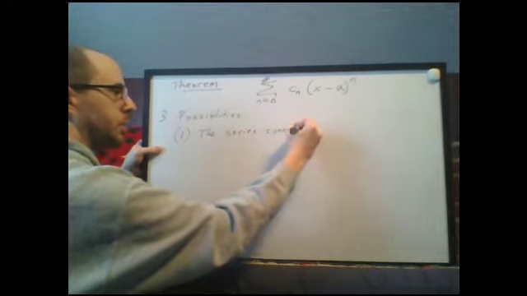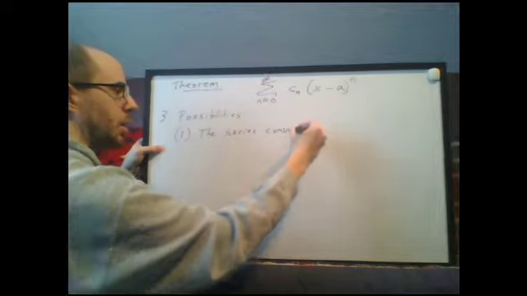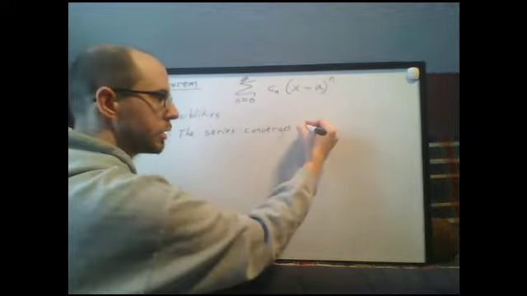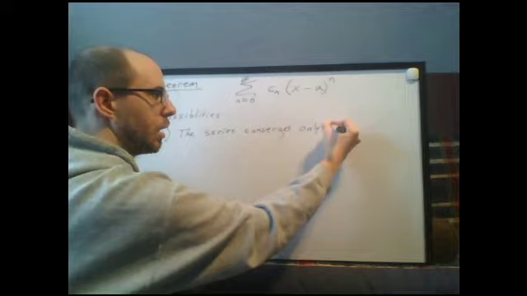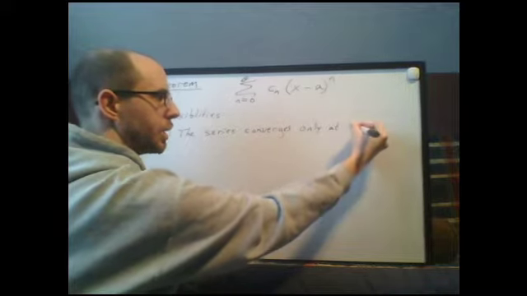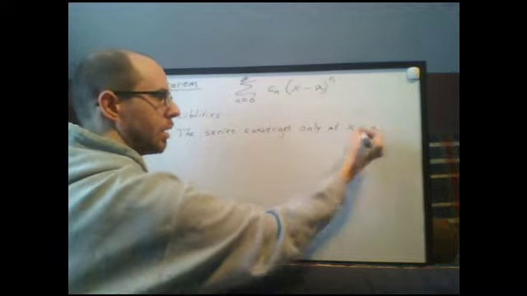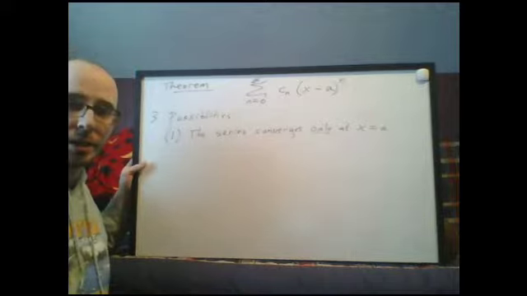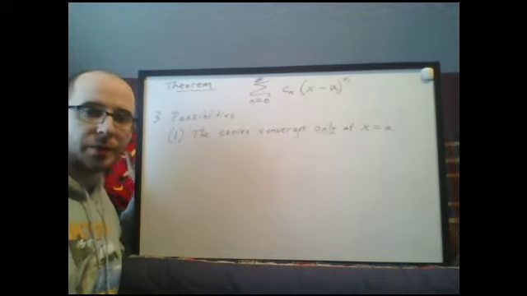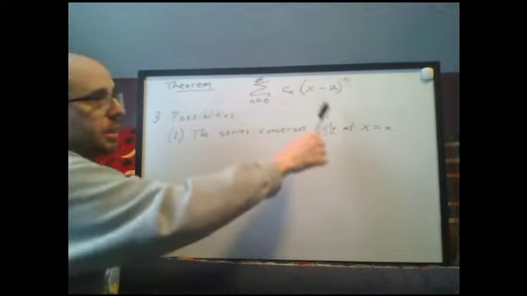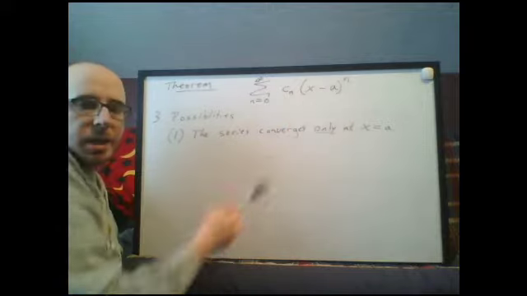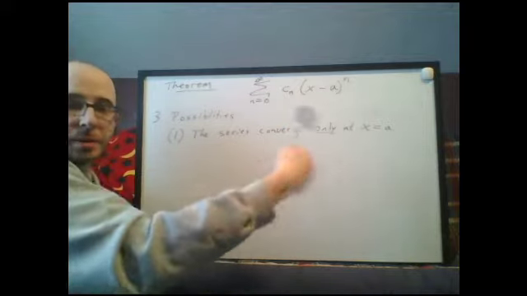The first possibility is the series converges only at x equals a and nowhere else. So the only x value is a. If x equals a, you have a minus a is 0. We're just adding up zeros.